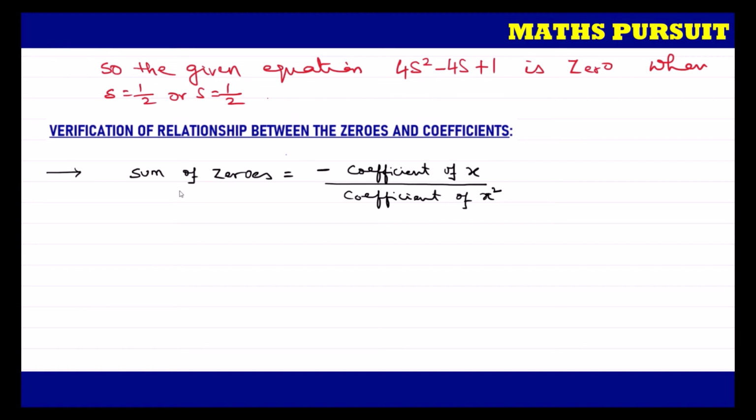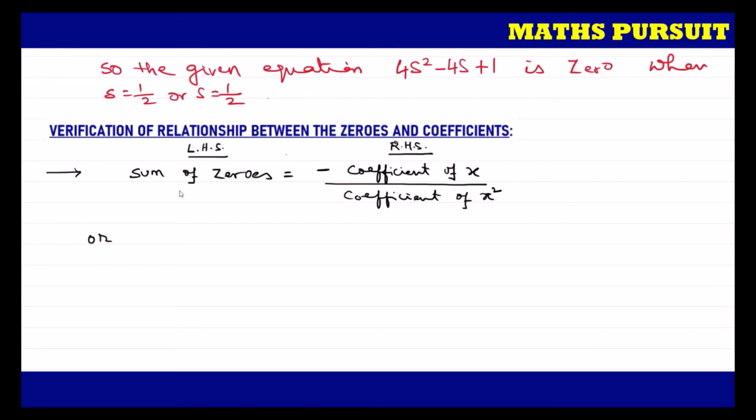Now let me term this one as left hand side and this one as right hand side, because we are doing our verification and we should see whether left hand side is equal to right hand side or not. Or I can write, sum of zeros.